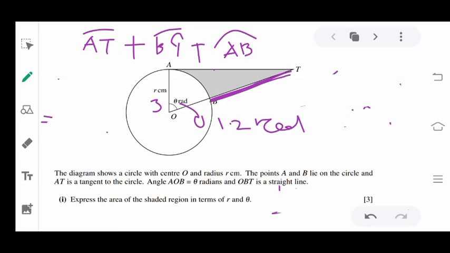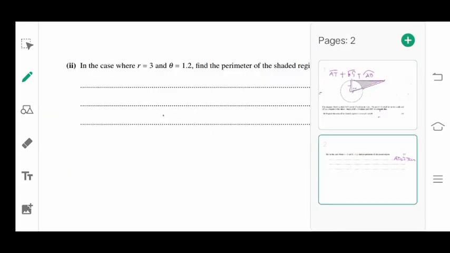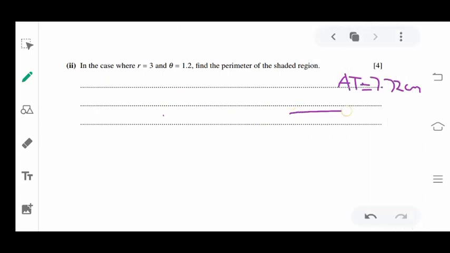To find out length BT, let us take this complete triangle ATO. Let's take the triangle A T O.